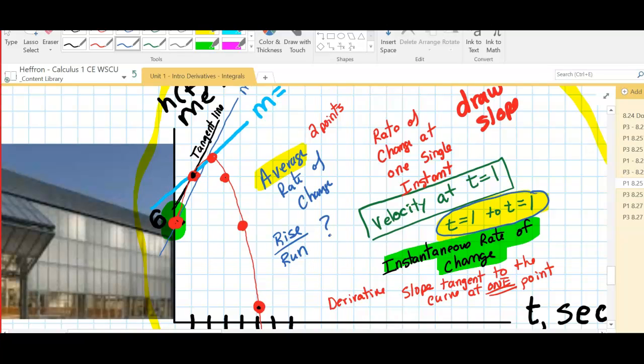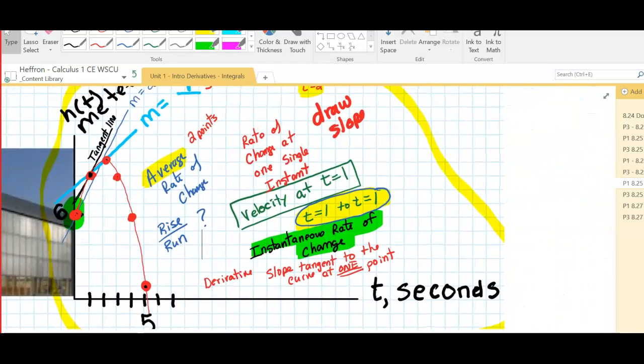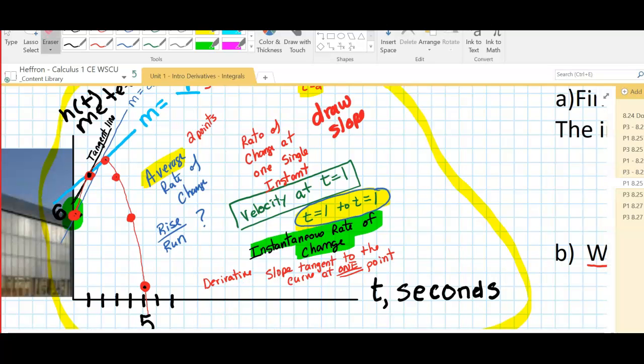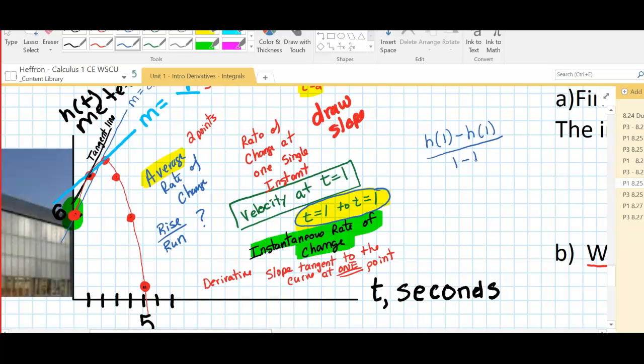Let's look at what it would be. If we were going to use our equation, wouldn't it be height at 1 minus height at 1 all over 1 minus 1? If we were just looking at it at one exact point, wouldn't that be what we have?